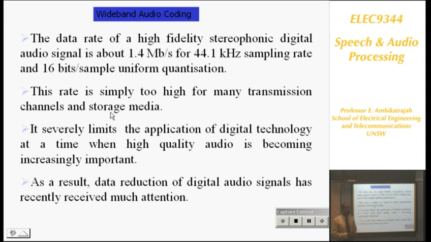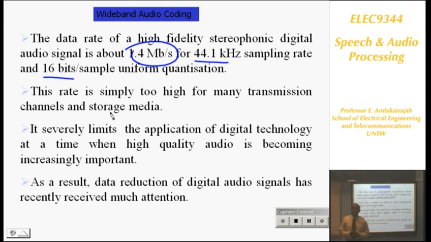So wideband audio coding, how do you do wideband audio coding? Basically, you've got a music signal of 44.1 kilohertz sampling and 16-bit samples, so it's about 1.4 megabits per second. Transmitting that across is very, very difficult because there is too much data to transmit.